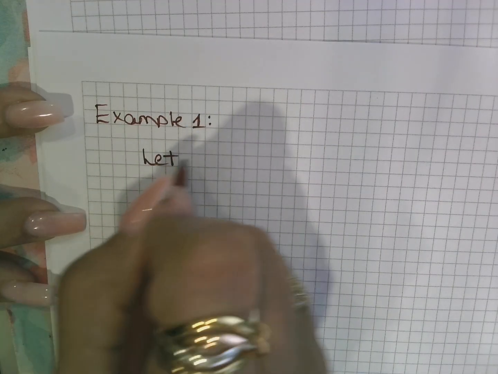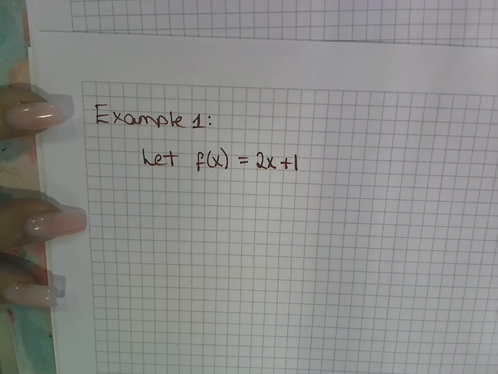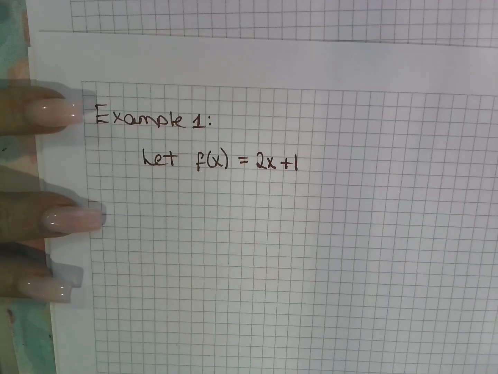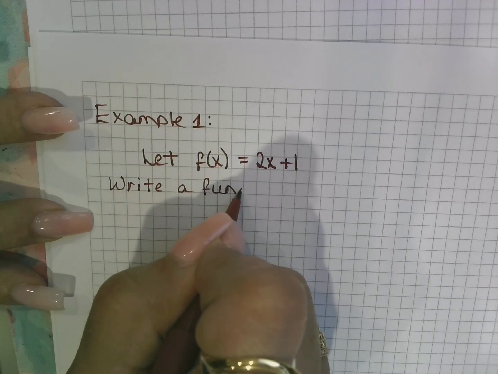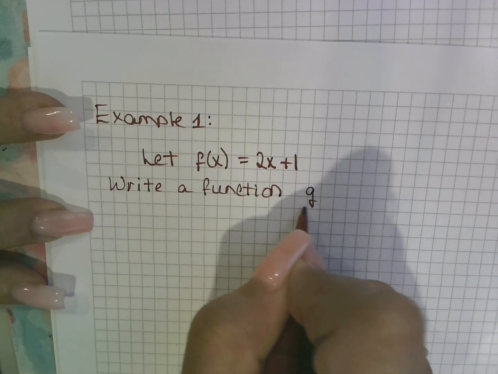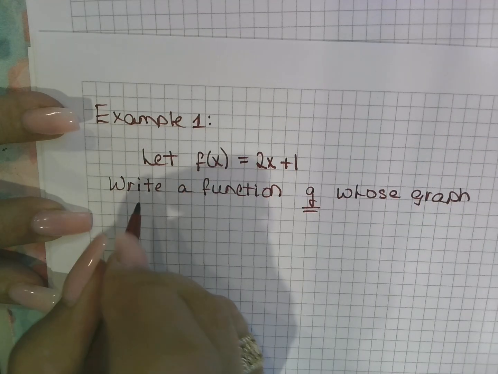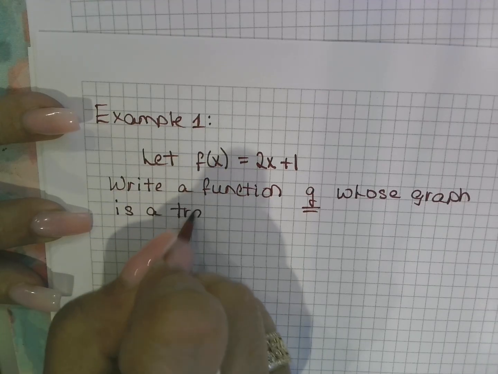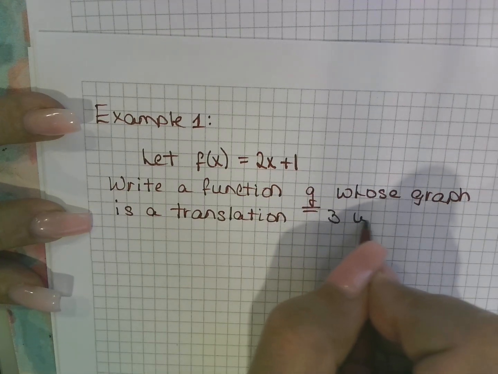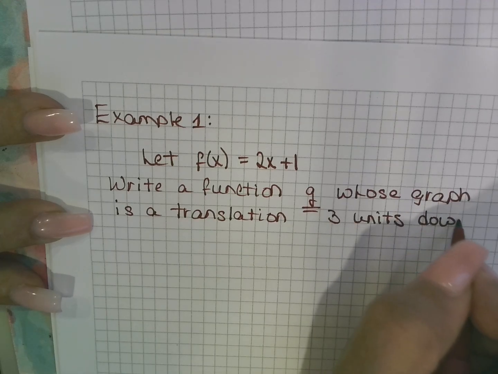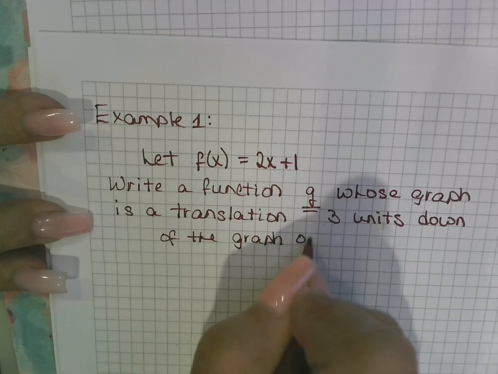Let f of x equal 2x plus 1. And we want to write a function, and we want to call it g, whose graph is a translation three units down of the graph of f.